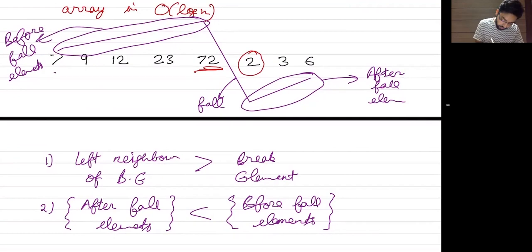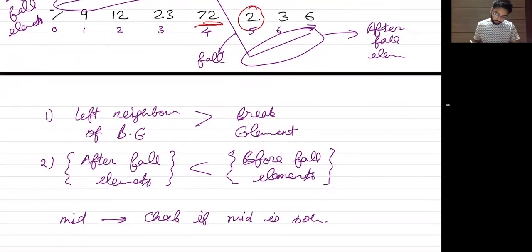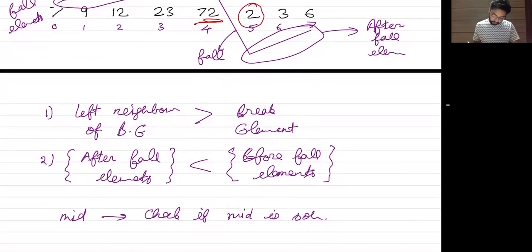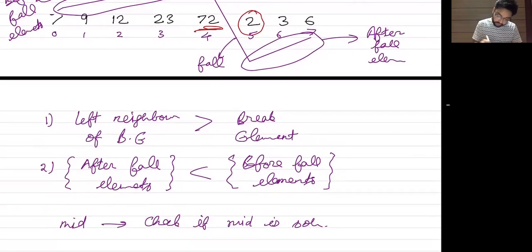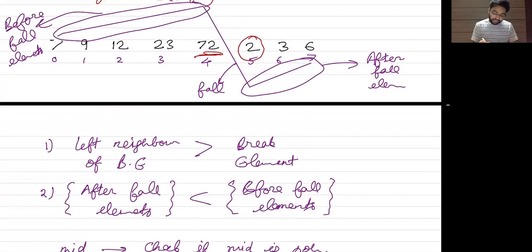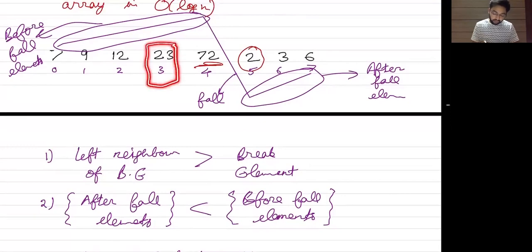Let's number it, give them the indices. In this case, the mid element is 0 plus 7 by 2, which is 3. So 23 is the mid element here. Is it also the break element? How can we check? If this was the break element, its left neighbor would have been greater, which is not the case. So this is not the break element.